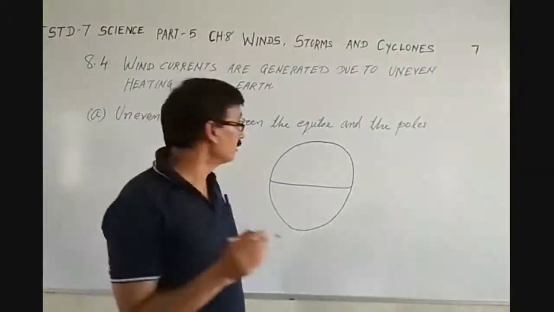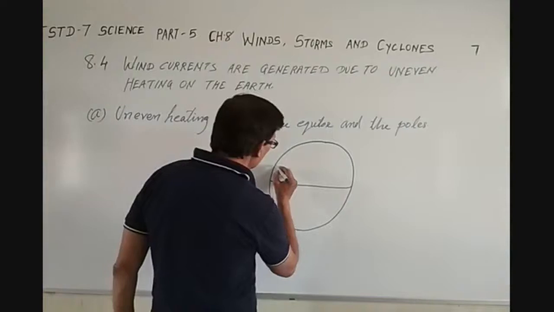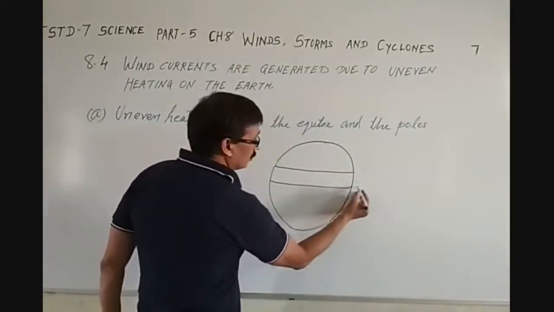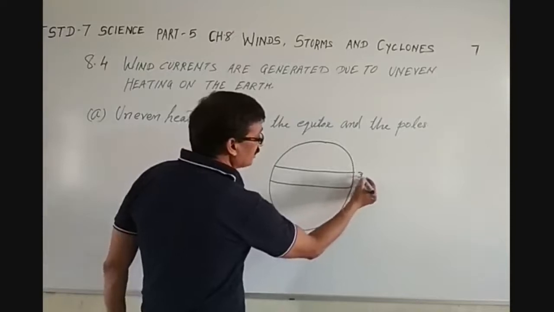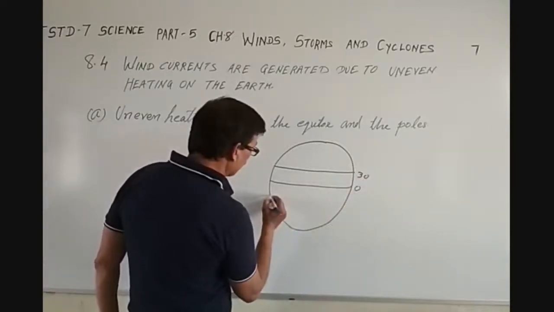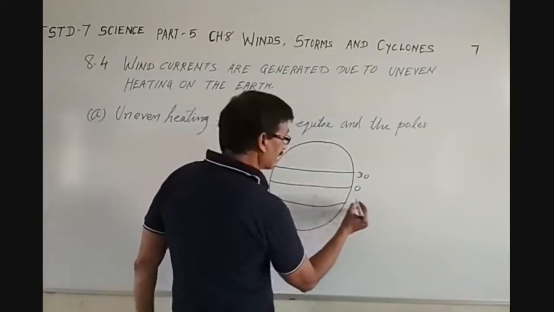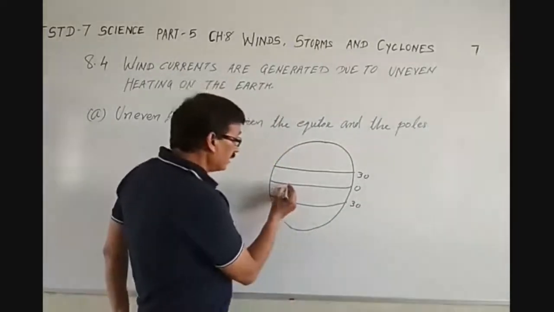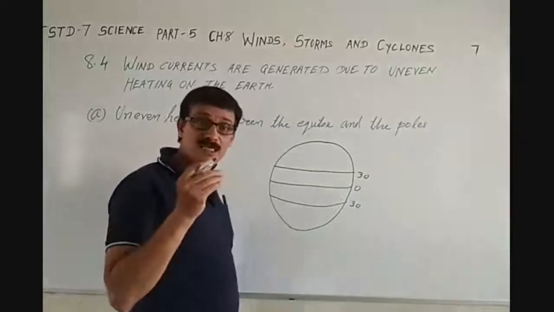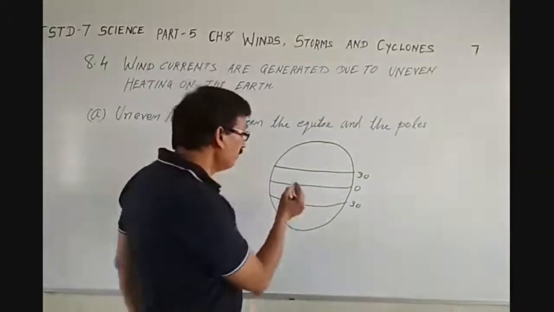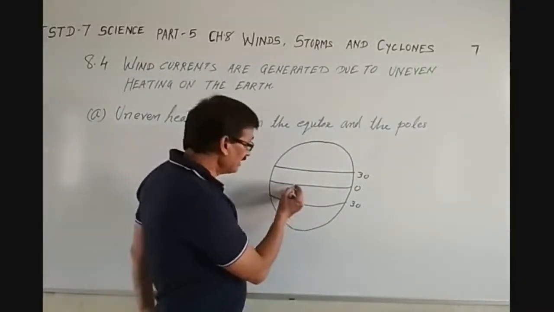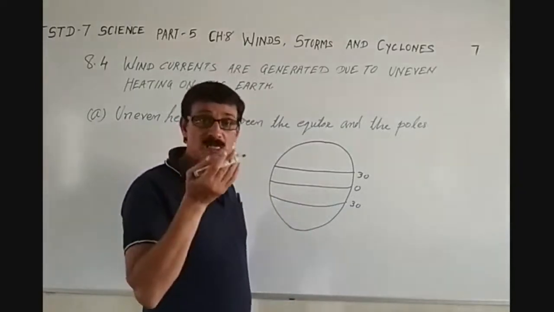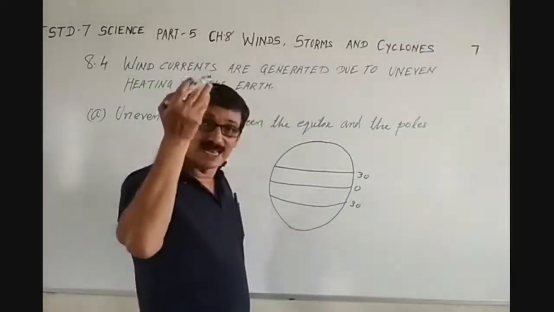Now let's see the 0 to 30. Suppose this is 0, and this is 30 on both sides, on either side of the equator. तो देखो, here the heat will be more, so in this region the air will get more warm, so it will rise up.